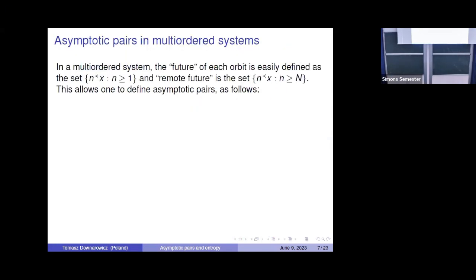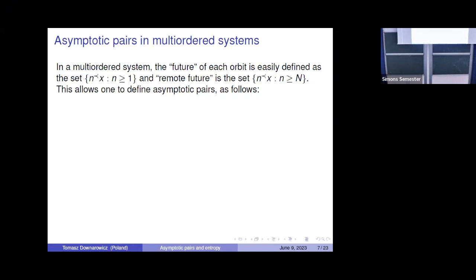Okay, so in a multi-ordered system, we know what the future of each orbit is. You should get used to this notation. N pretz is the nth follower of 0 in our order pretz. So the future of the orbit is simply the images of x via the elements that are in the future of our order.